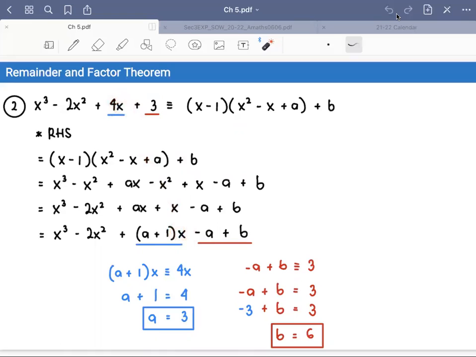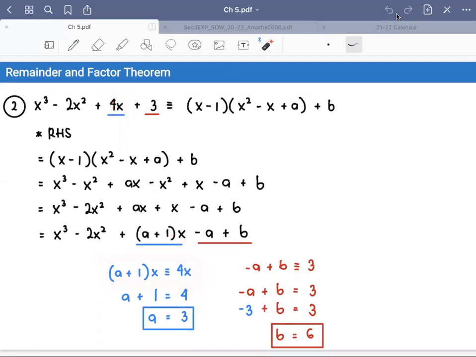Now, maybe you're asking, can I compare x to x squared? Of course not, because these are two different terms, right? You cannot compare these. Even with x cubed, I can compare x with that. They should be the same, right? So x and x. That's how I got this.